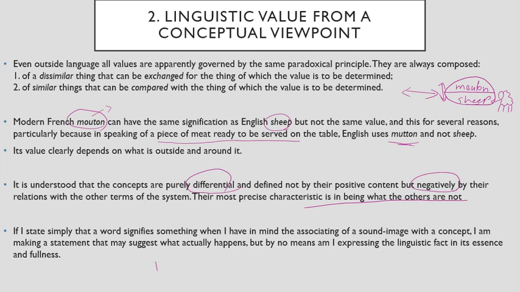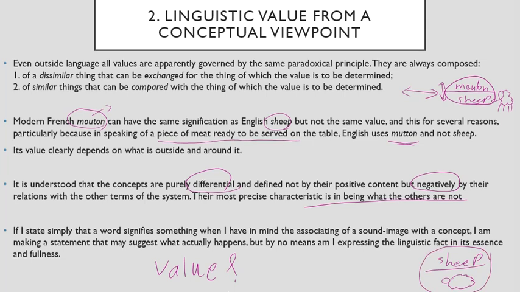Because he's again considering the idea of value. If I say that, for example, sheep stands for this fluffy animal here, I'm dealing with a mere concept and a mere sound image. In isolation, I wouldn't know what sheep meant if I didn't have another sign, which was cow.